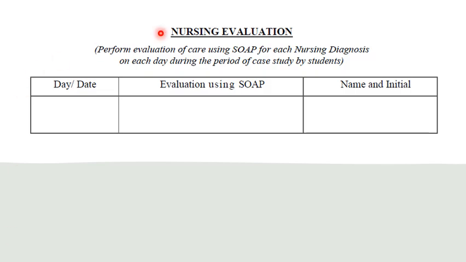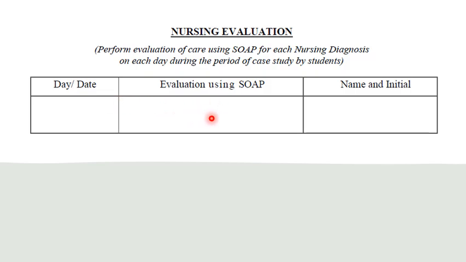And after that, you do a nursing evaluation. You use the SOAP form, which is subjective, objective, assessment, and planning. So you will have there what you want to do with the nursing diagnosis that you have worked on. For example, ineffective breastfeeding. Now the baby starts to suck. You can see that the baby burps.